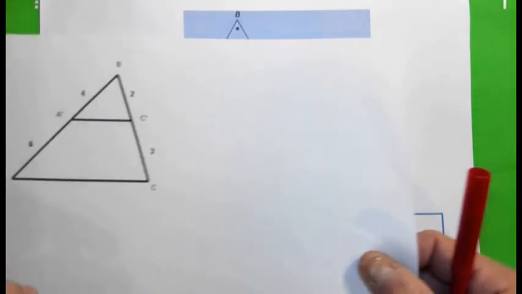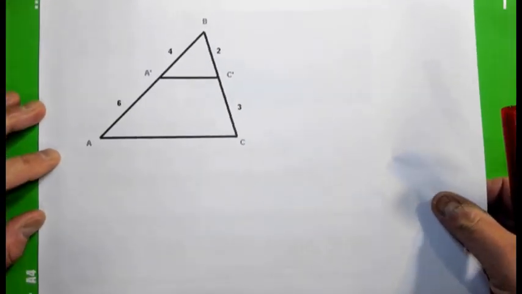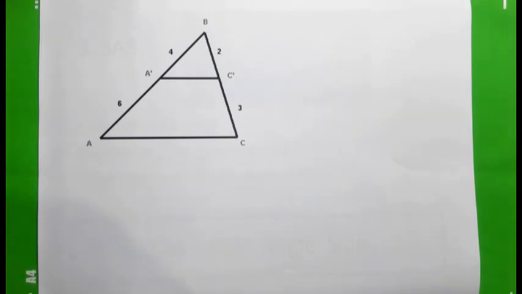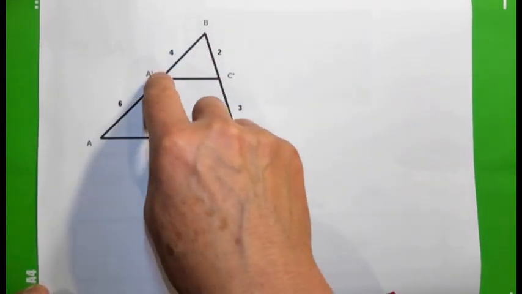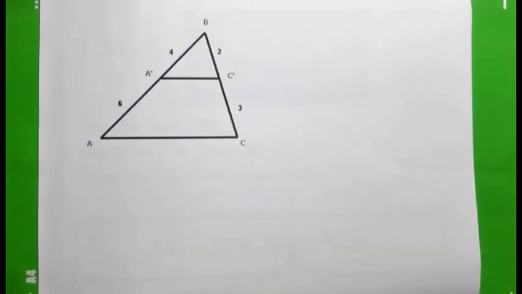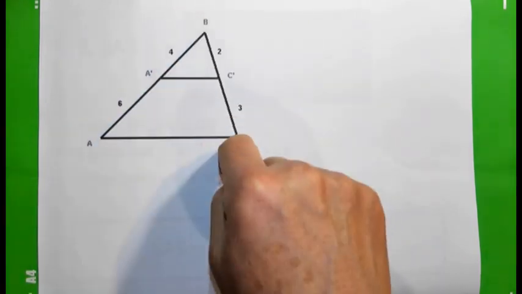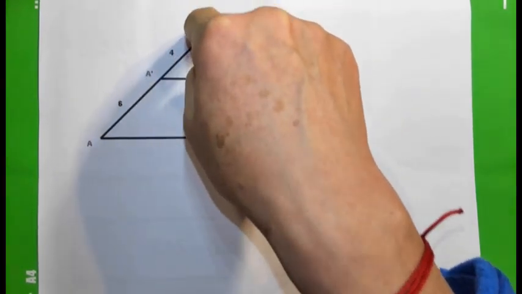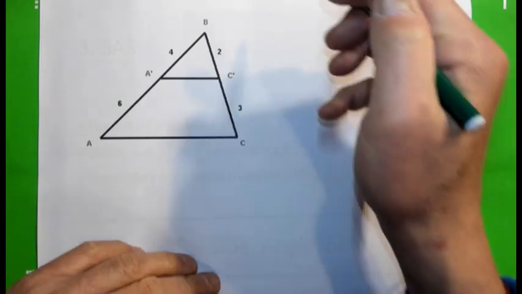Now, an example. We've got two triangles here, ABC and A dash, B, C dash. How do we do it? We need to prove that triangle ABC is similar to triangle A dash, B dash, C dash. Now we can write it this way.